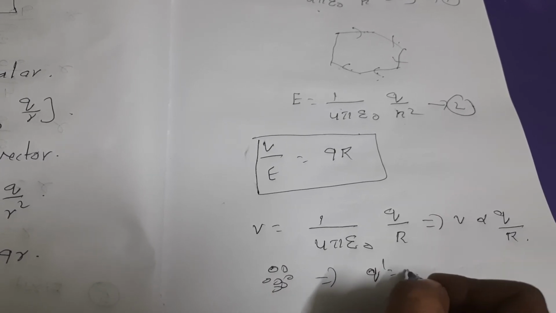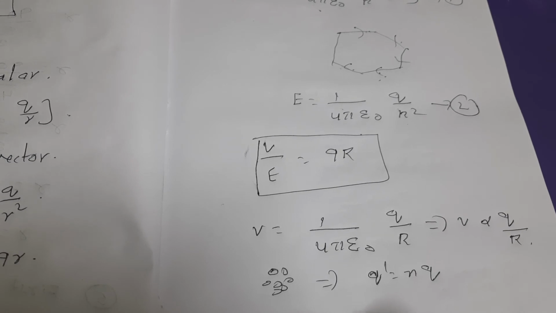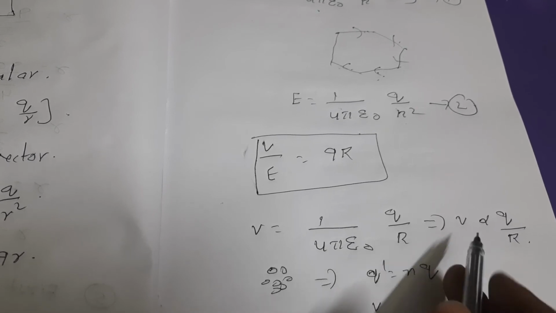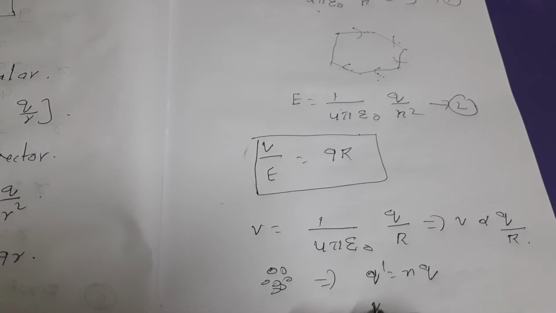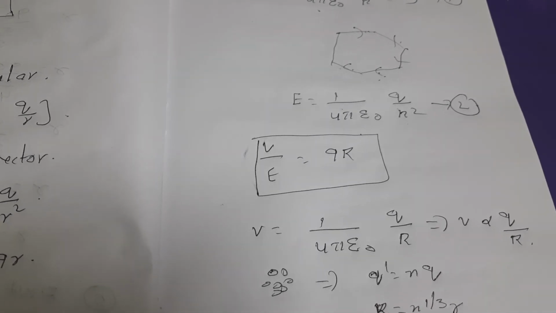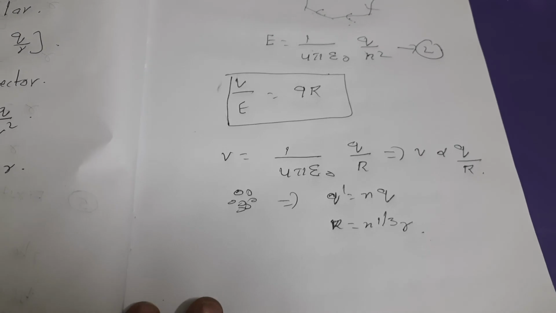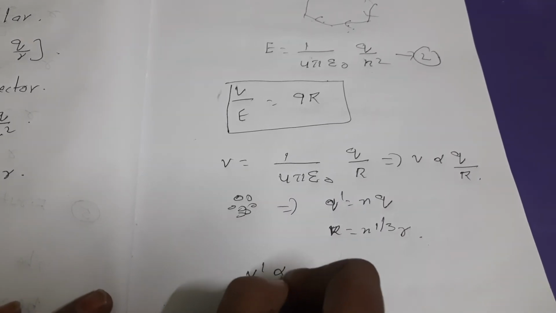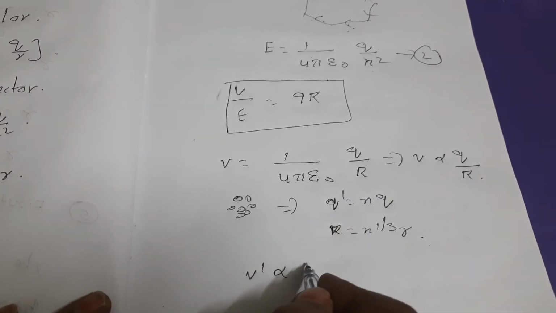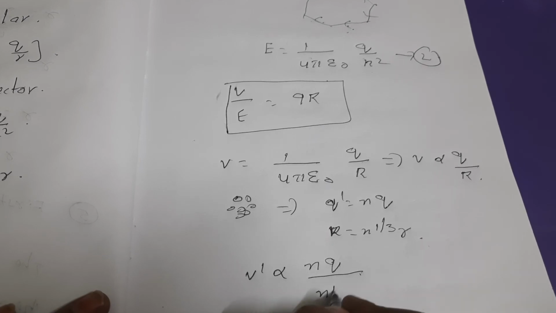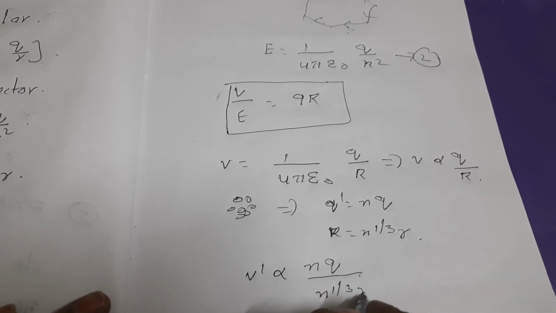Charge becomes Q dash equals n into Q. Then the potential is V dash, and you know that the new radius capital R equals n to the power of 1 by 3 into R. Now V dash is directly proportional to n times the charge divided by n to the power of 1 by 3 into R.